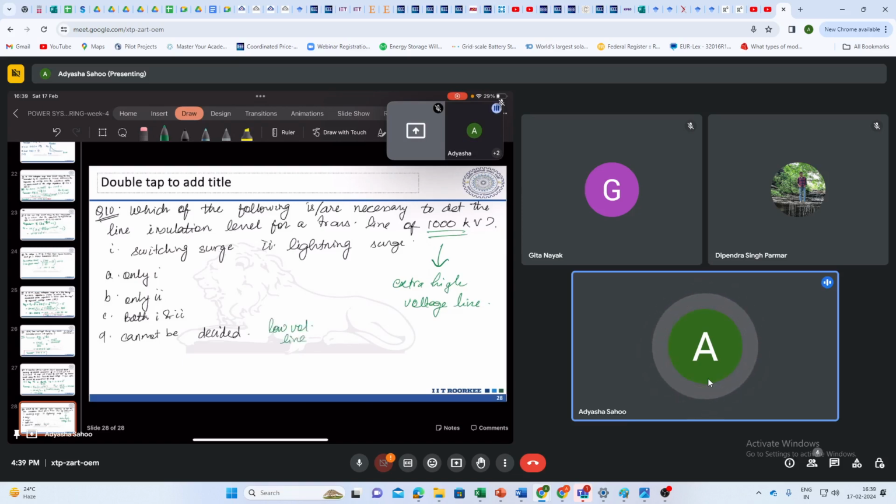So for lower voltage line and for higher voltage line. So here the lightning surges are more prominent, or you can say lightning surges are greater than the switching surge. So here insulation level is decided on the basis of lightning surge.